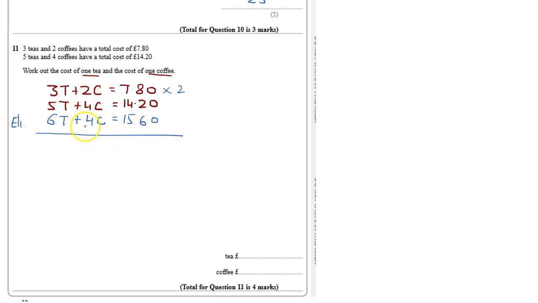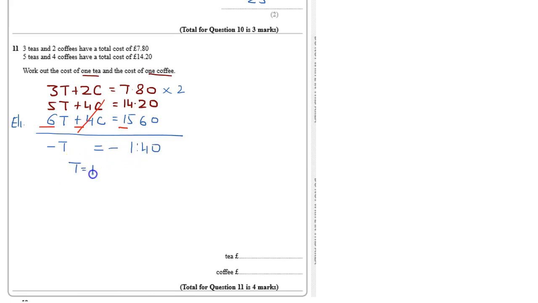Now because the 4c terms are the same, I subtract. 4c minus 4c cancel. 5t minus 6t is minus t, is equal to 14.20 minus 15.60, so this is minus 1.40.